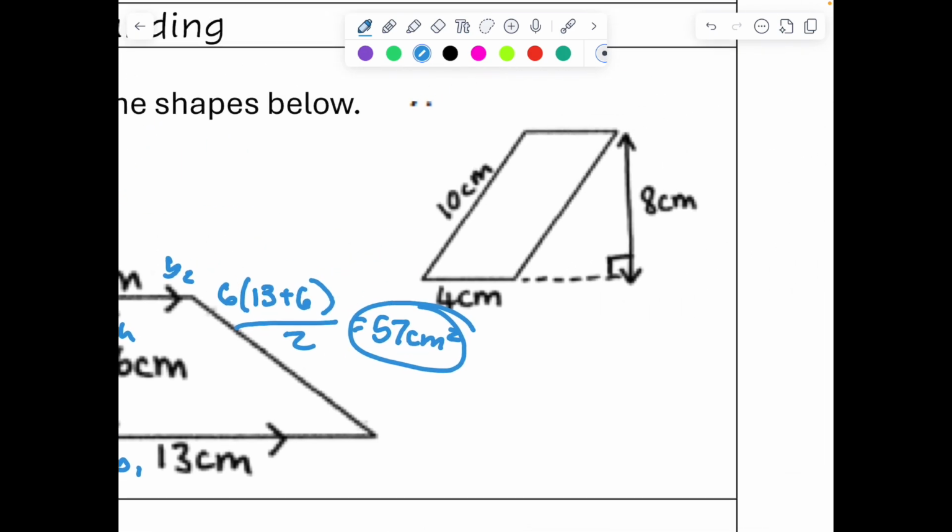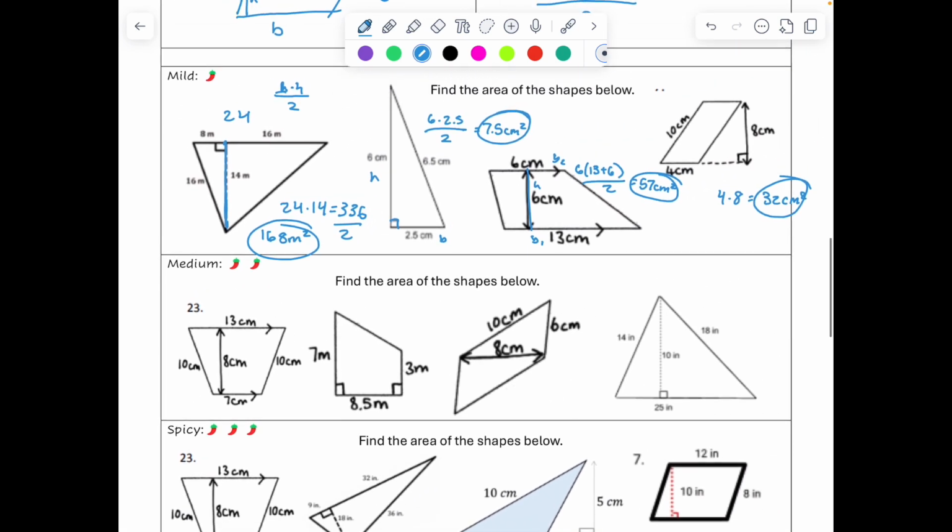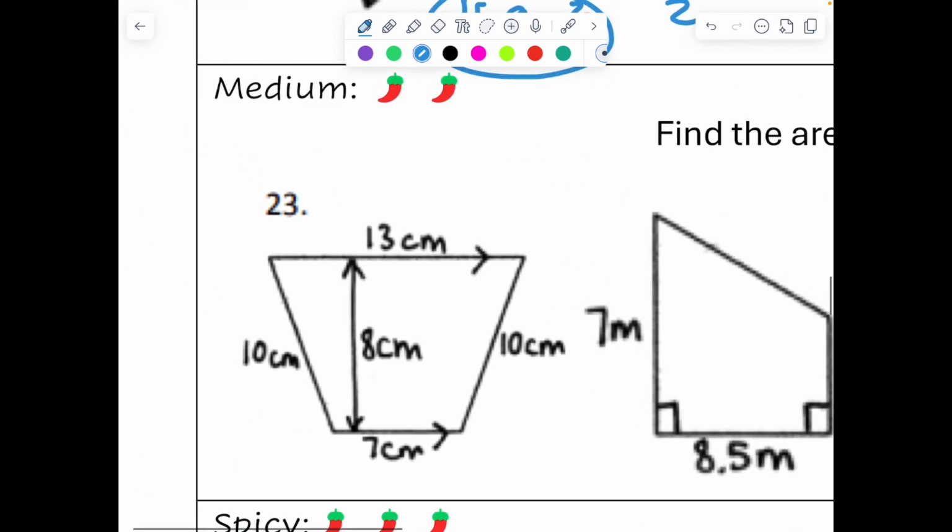And then here we have base of 4, height of 8, so 32 centimeters squared. Moving on to medium, trapezoid, so base 1, base 2, height. Again, it doesn't matter which base is which. 8 times 13 plus 7 divided by 2 is going to be 80.